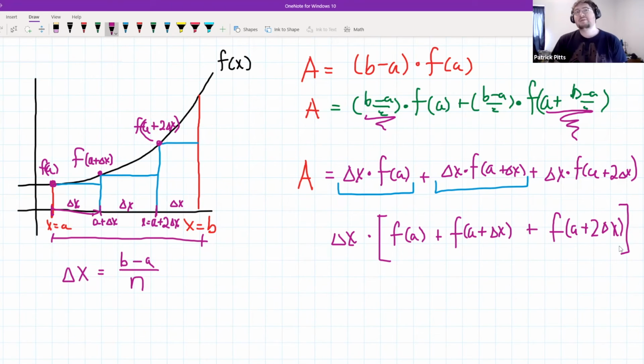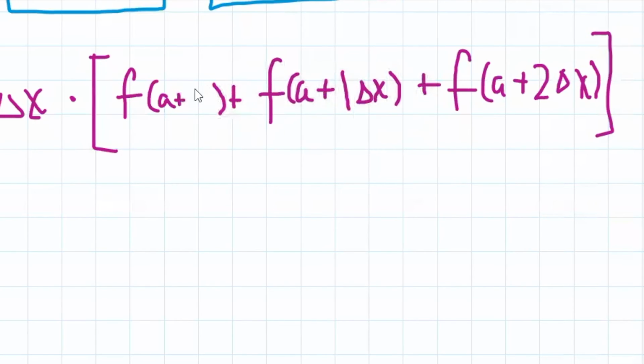If you're familiar with the summation notation, we can condense this even further, because I'll make a quick change here so you can really see my point. That's 1 delta x plus 0 delta x.